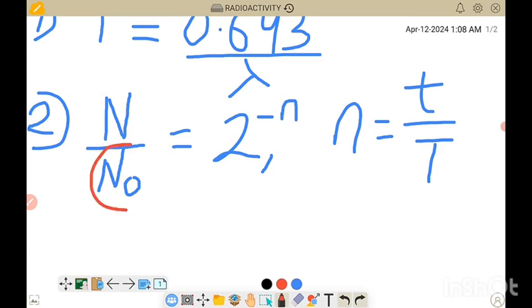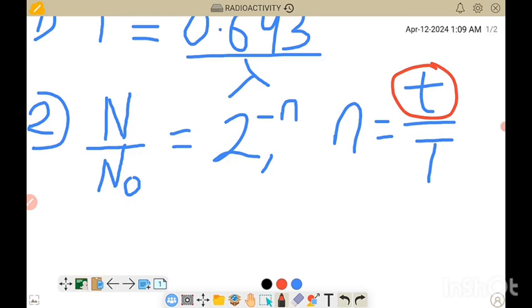And n naught is the original quantity given at the beginning before decay occurs. And we have small letter n representing the number of half-lives in decay, and small letter t represents the time taken for a given substance to decay.